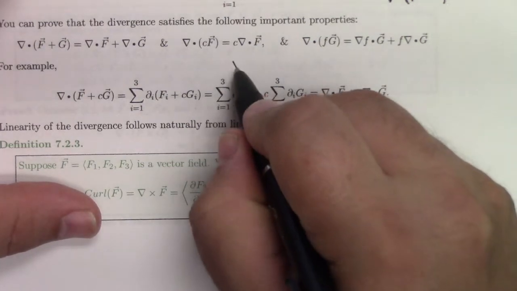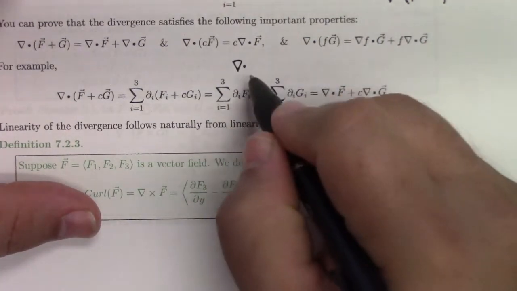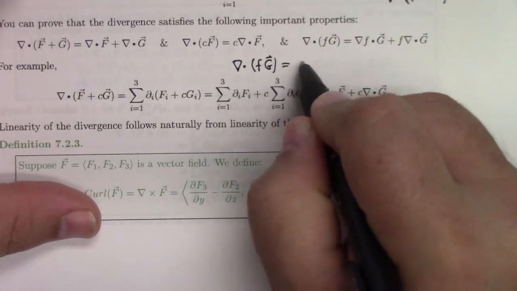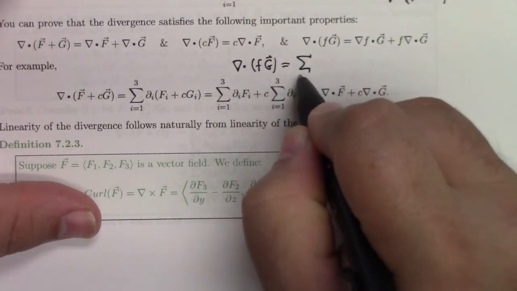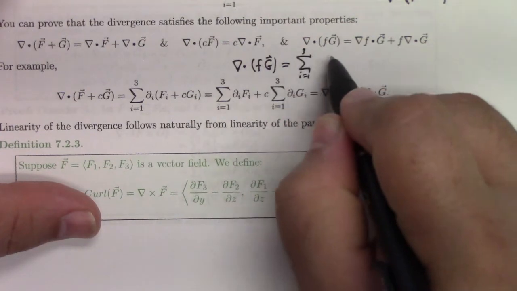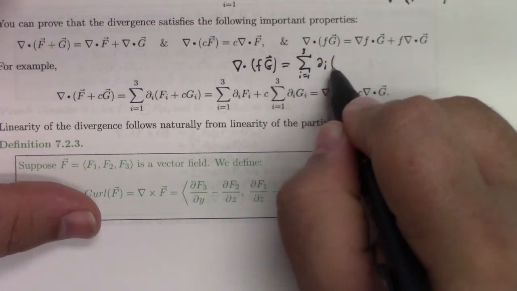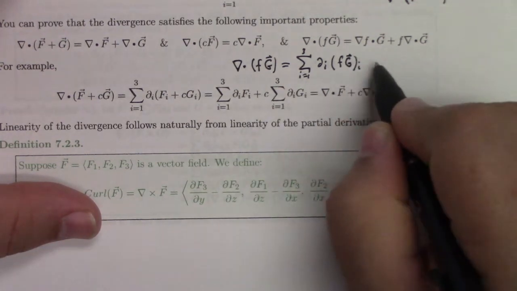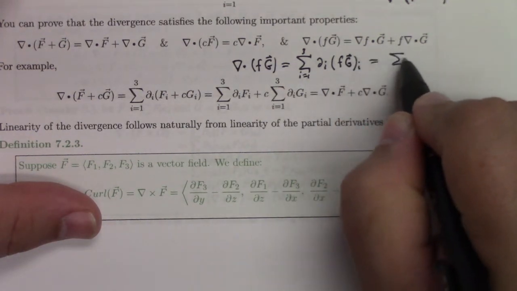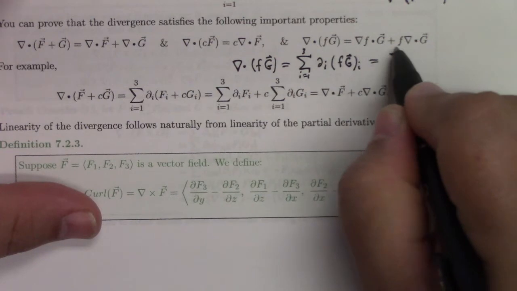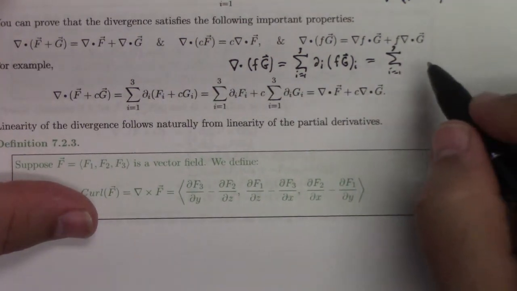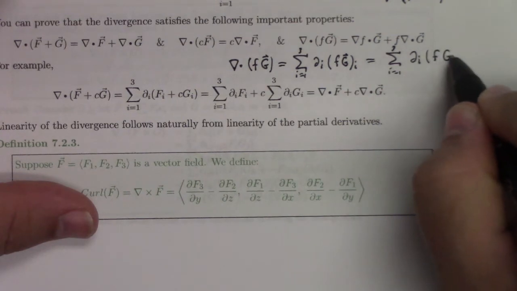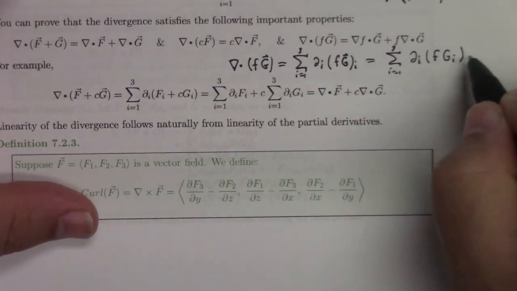Well, the divergence of the function f times vector field g is equal to the sum i equals 1 to 3 of partial i of f function times g vector ith component, right? But what is that? That is the partial i derivative of the function times the ith component of g, because that's the ith component of f times g.